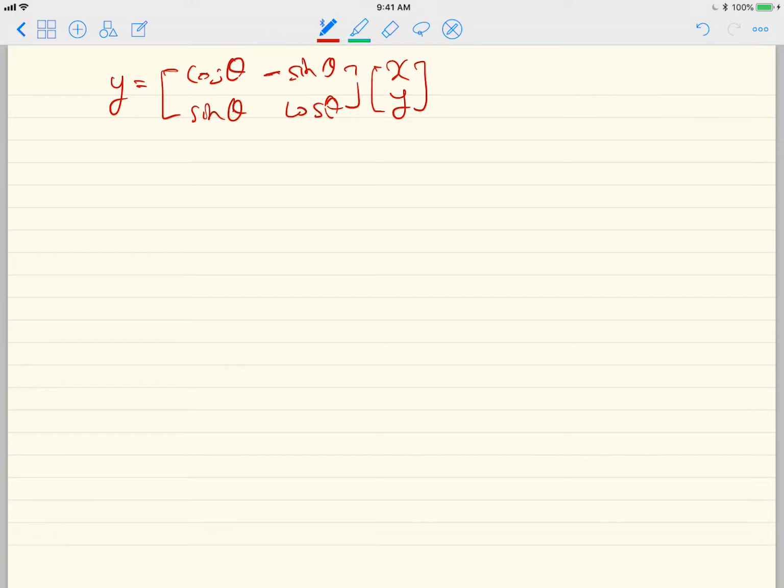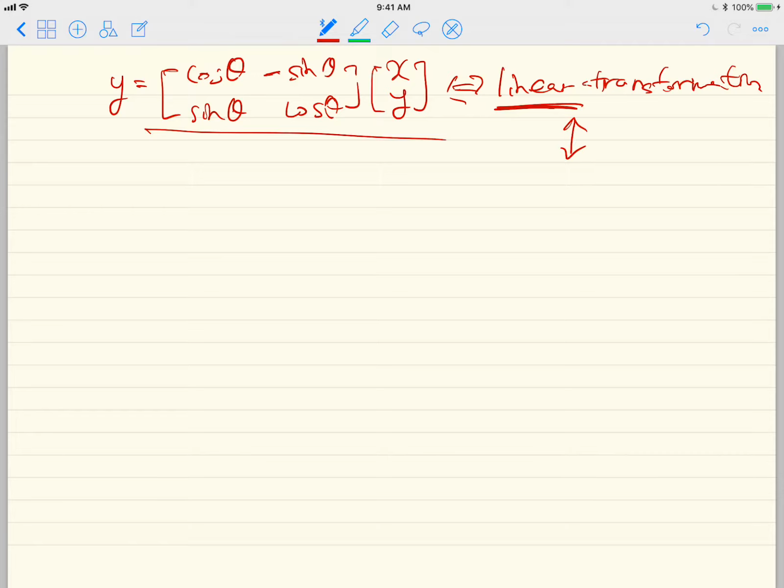We can think of this transformation of a vector defined by this matrix vector multiplication, and this is called the linear transformation. So this definition is a linear transformation, and we are discussing linear algebra, right?